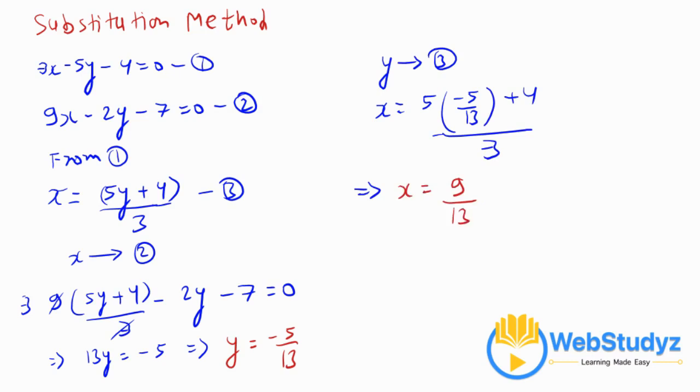Now move on to the fourth pair of equations, which are x by 2 plus 2 by 3y equals minus 1, and the second equation is x minus y by 3 equals 3.